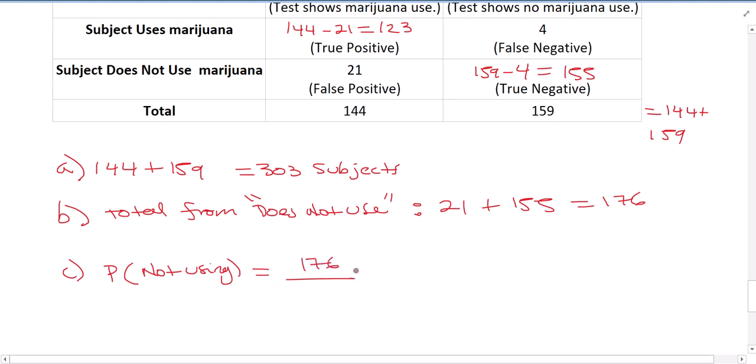Don't use over the total, which was this number from part A, 303. And then see if you can reduce that. After some trial and error, trying some different things, I think 3 goes into both of those. You can reduce it to 4/7. So always try to make sure that the probability that you give as your final answer is reduced.